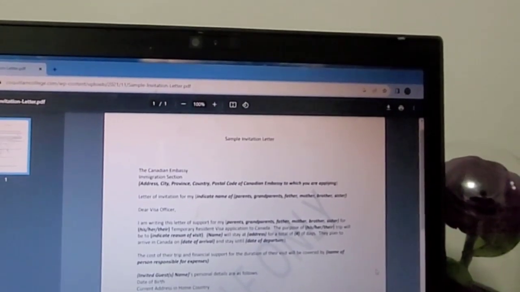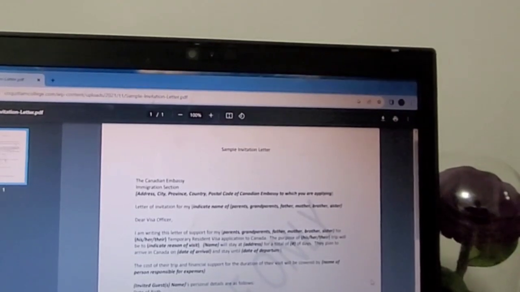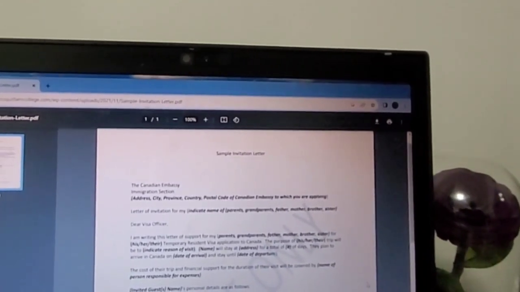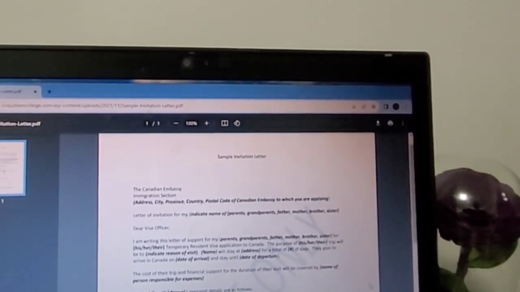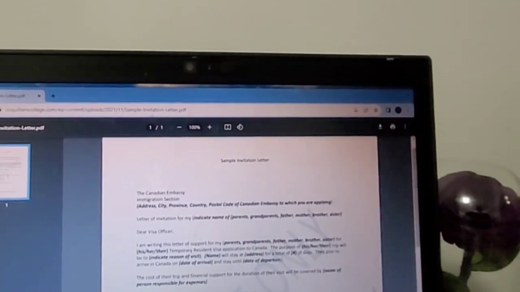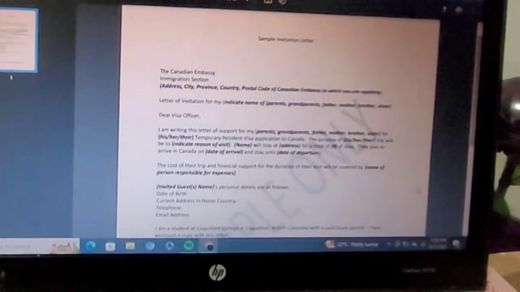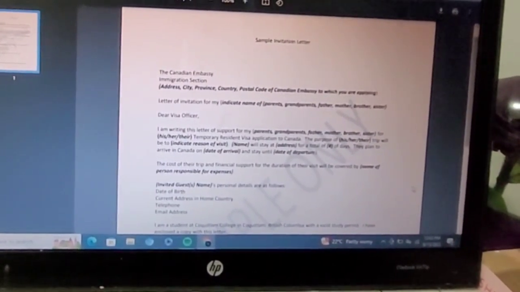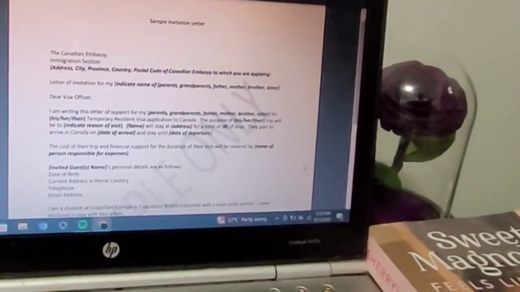Then you move on to state the costs of John's trip, and that financial support for the duration of his stay will be covered by, and if it's you, you say by Mary or by me, or by whomever it's going to be covered by. So you have to state who will be financially responsible for John's trip.